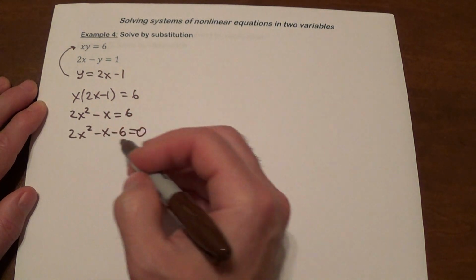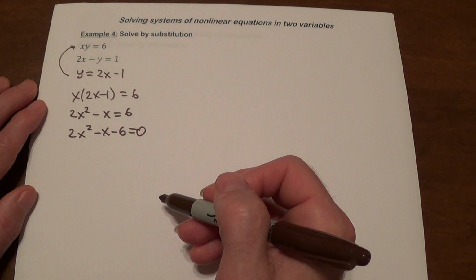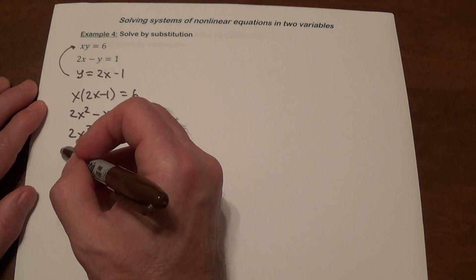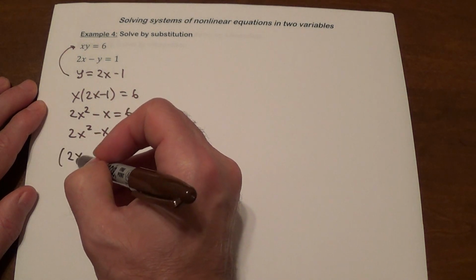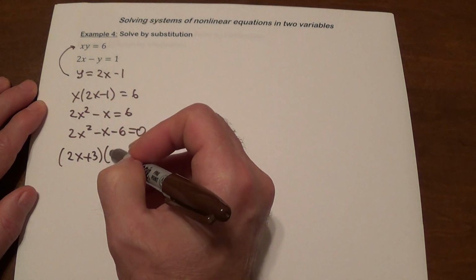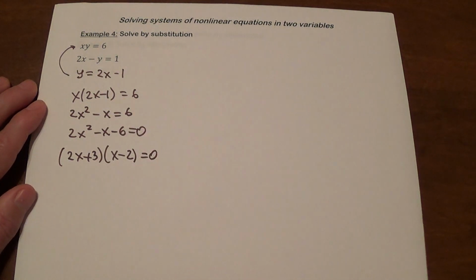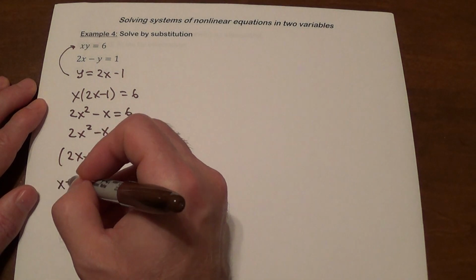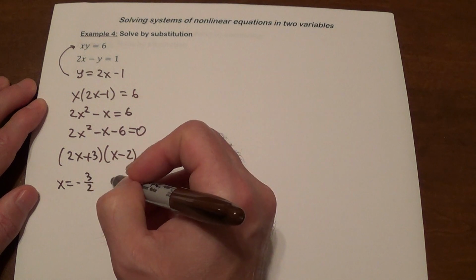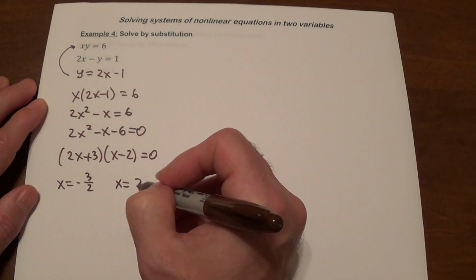This one is not the most favorite to solve by factoring, but it does factor. It's going to give you (2x + 3)(x − 2) = 0. That's going to give us two values of x. We're going to get x = −3/2, and we're going to get x = 2.